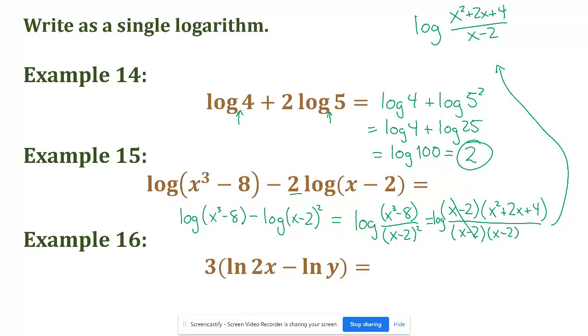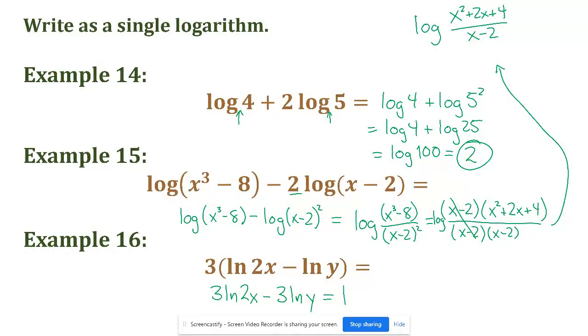We have a number out front that needs to be distributed. So what we're going to do is we're going to multiply this 3 by both of the terms. So we have 3 times ln of 2x minus 3 times ln of y. And now what we can do is we can take that 3 and bring it into both of those logarithms, both of those natural logarithms.